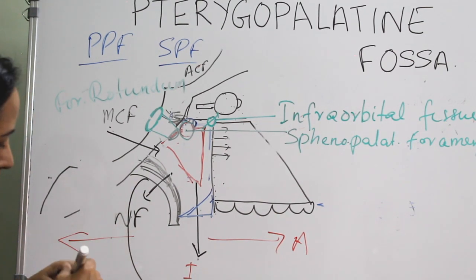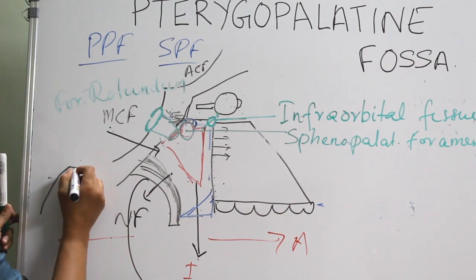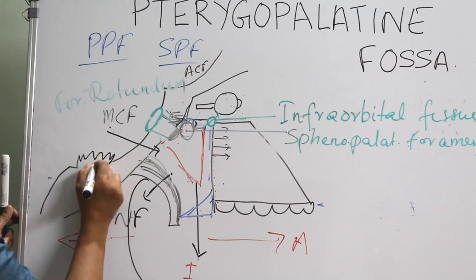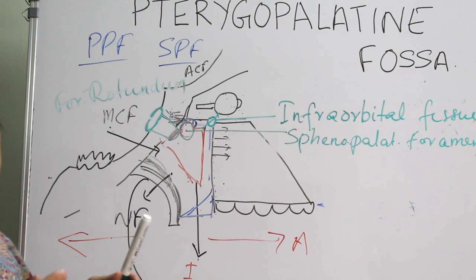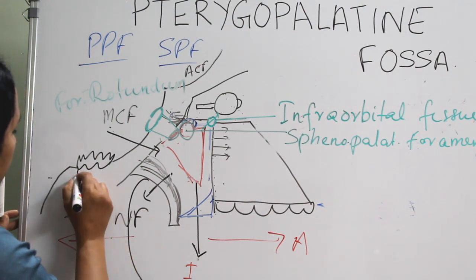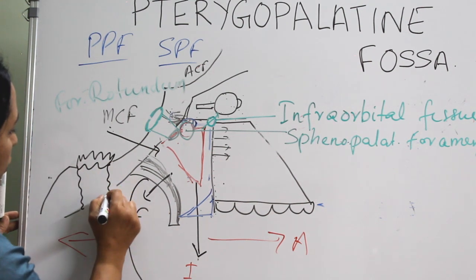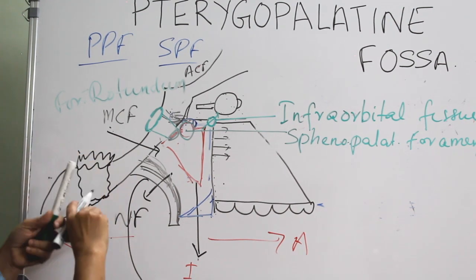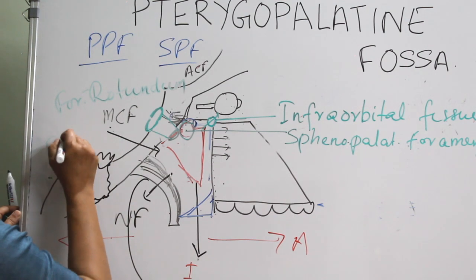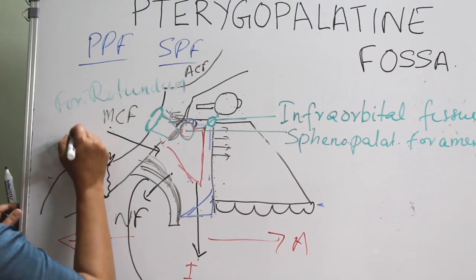What is that? Actually it is not a foramen, it is a fissure, or dehiscence, formed between so many bones. Anyway, this is foramen lacerum.